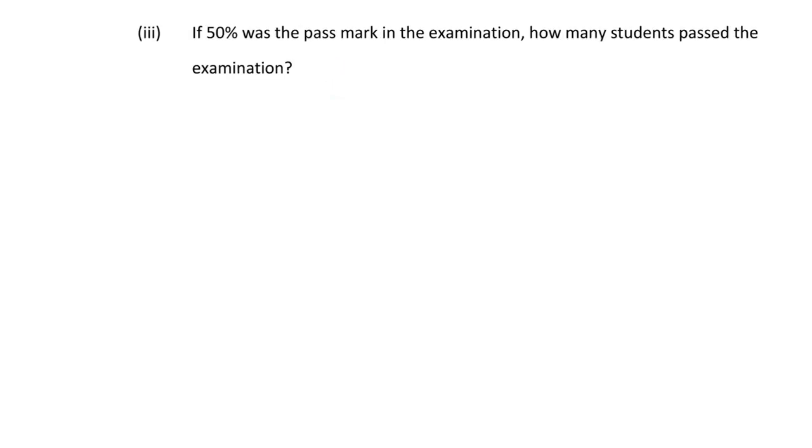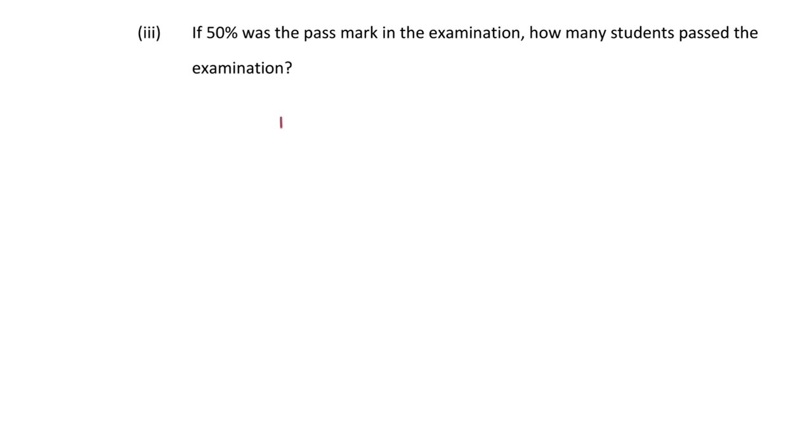For Roman 3, if 50% was the pass mark in the examination, how many students passed the examination? Okay, so for this one, we are going to sum all the students whose pass mark is 50 and above.